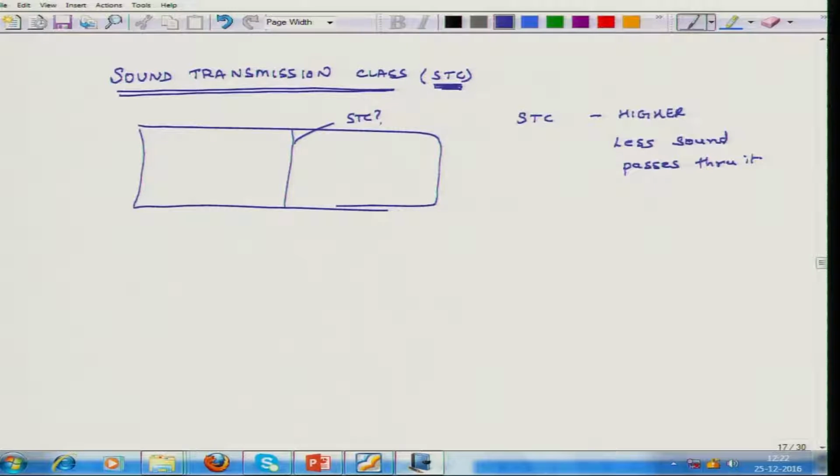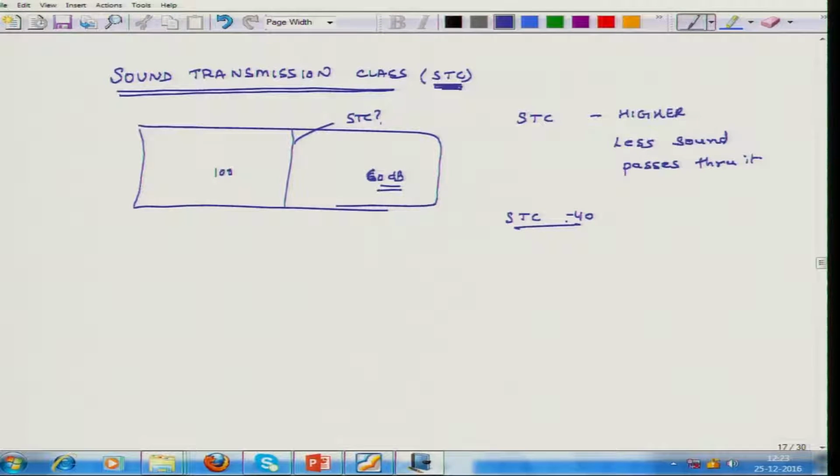In general, if the STC is 40, what that means is that if there is 100 decibels here, then you will hear only 60 decibels on this side. But this is not an exact relationship, it is an approximate relationship, because it also depends on how the sound is coming from other walls and from other areas.